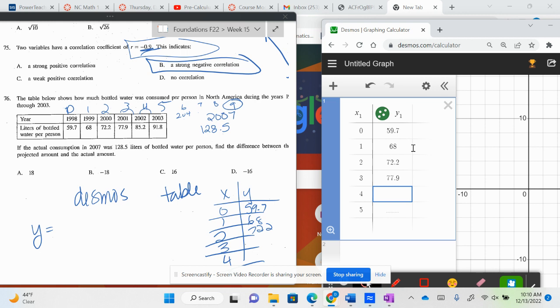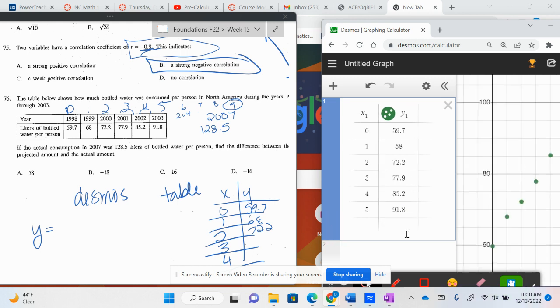This is our regression. We've done this. 85.2 and 91. So we're going to zoom in and see our little points right there. That looks very linear. How nice.